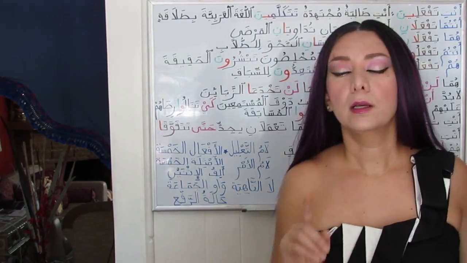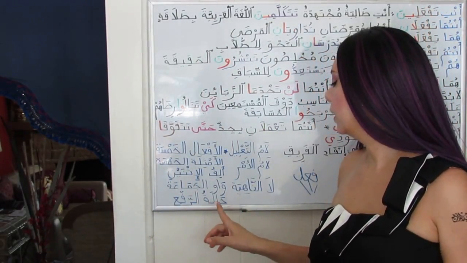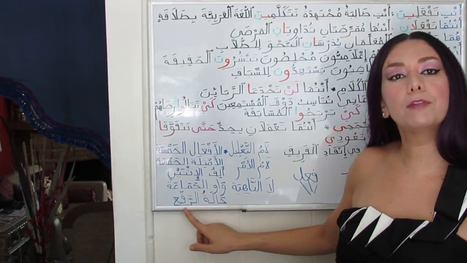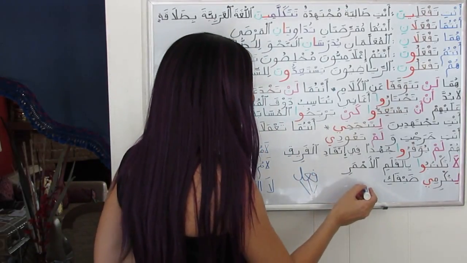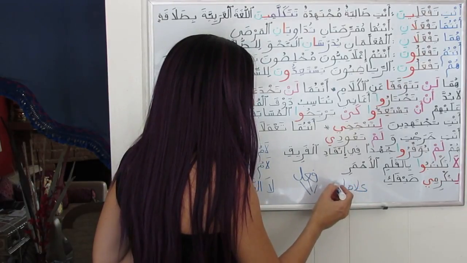The suffix nun, this nun here, in the end of these 5 verbs, is the sign of the nominative case, which means that these verbs are in the nominative case. حالة الرفع. It is noteworthy that the nominative case has four markers. علامات الرفع.